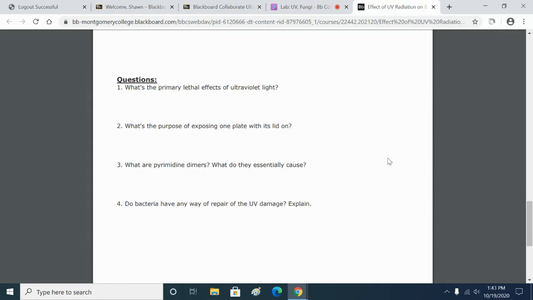That's why the term here is pyrimidine dimers, although we mostly talk about thymine dimers. It's just I think it's easier for the thymines to chemically bond to each other.